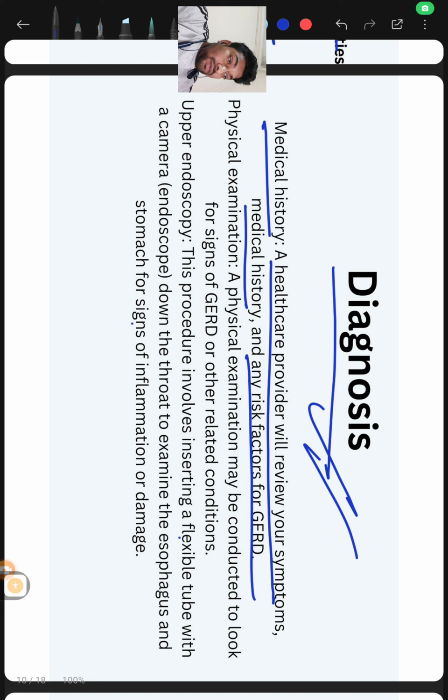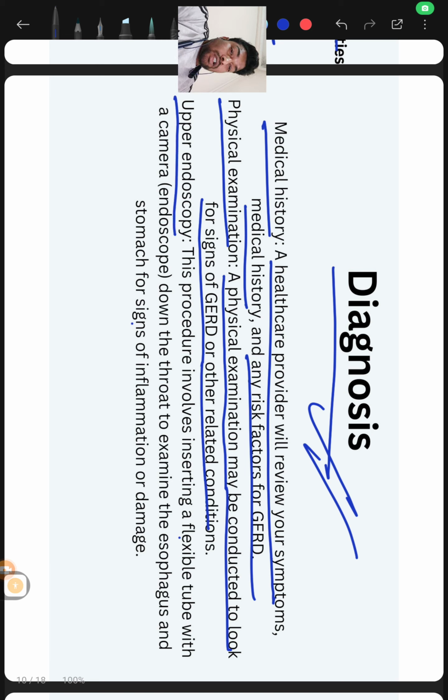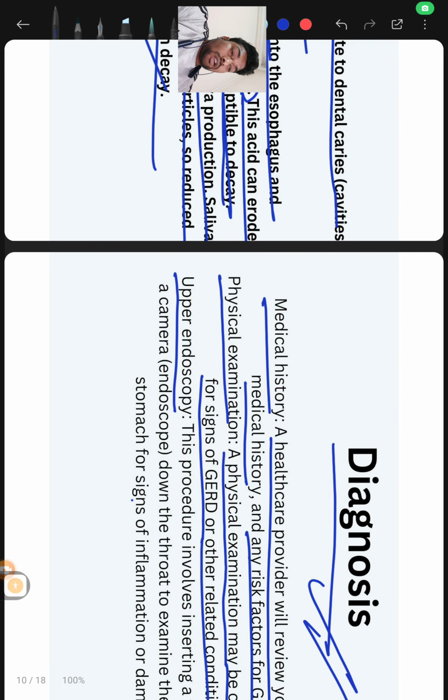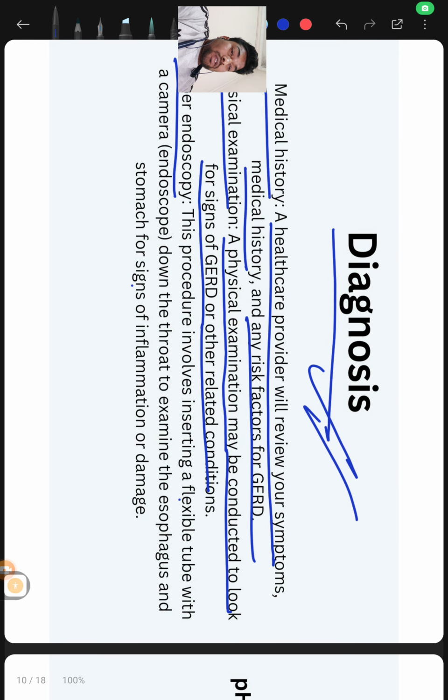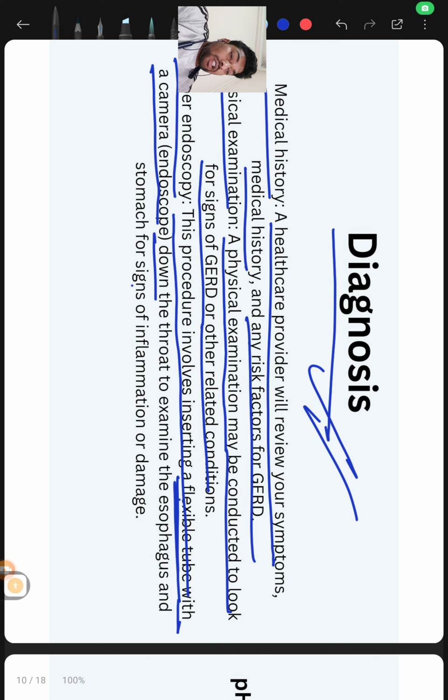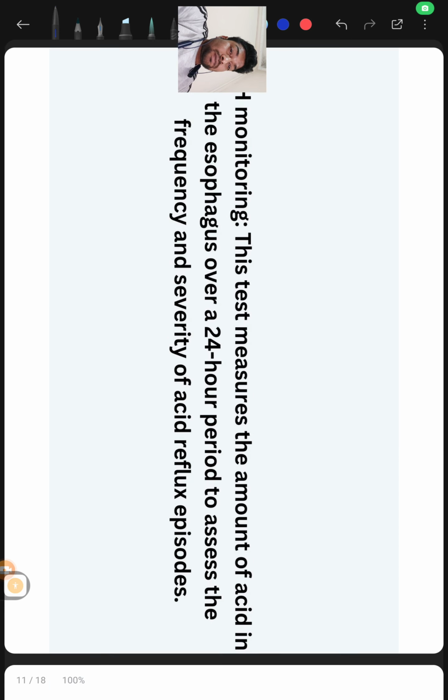Similarly, a physical examination may be conducted to look for signs of GERD and related conditions. Similarly, most important is upper endoscopy. The procedure involves inserting a flexible tube with a camera, that is an endoscope, down the throat to examine the esophagus and stomach for signs of inflammation or damage.